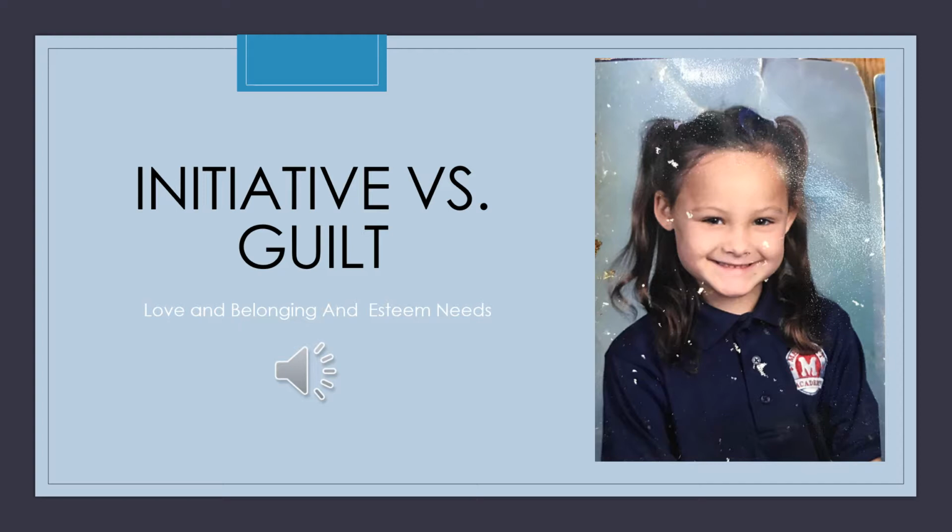So this is also a time in which children are asking a lot of questions to learn and expand their knowledge. They also make things up, and they are taking the time to become better thinkers.